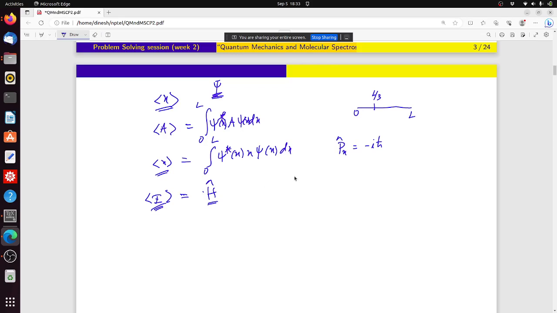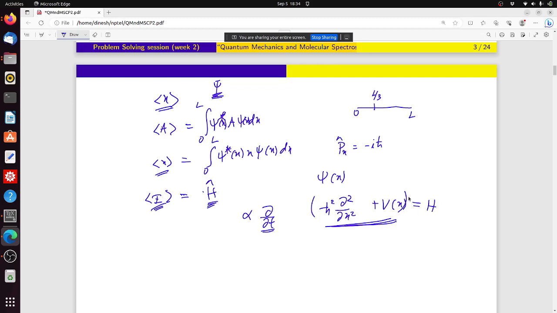Okay, so in this case our wave function depends on x, right? So the Hamiltonian operator is proportional to the time derivative, or it has another form, which is minus h cross squared over 2m del square by del x square plus V of x. Do you recognize this? This is the Hamiltonian operator.